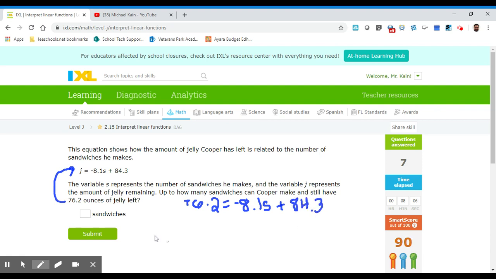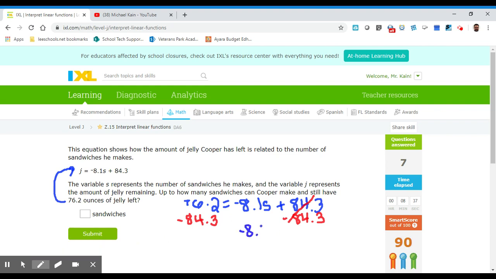Okay, so using algebra, remember we always want to get rid of our add subtract terms first. So let's subtract 84.3 from both sides and subtract 84.3 from 76.2. So this cancels out and we're going to be left with negative 8.1.